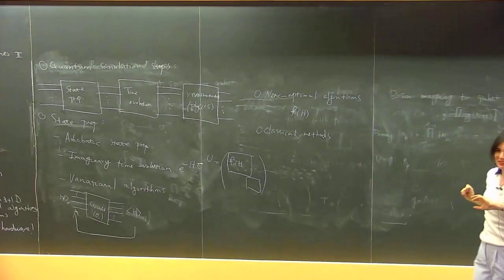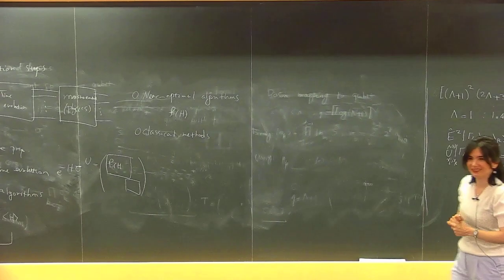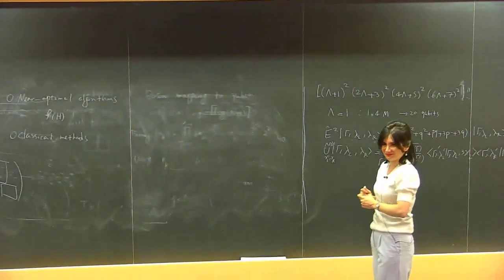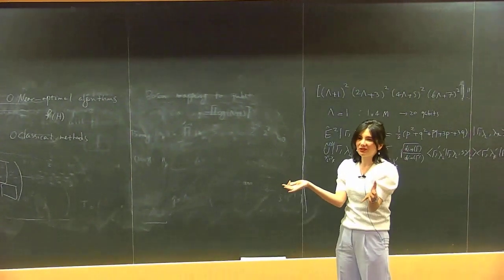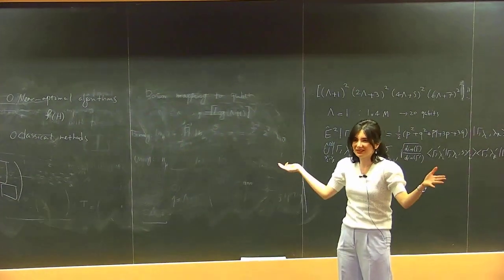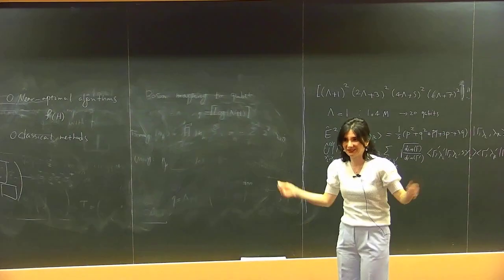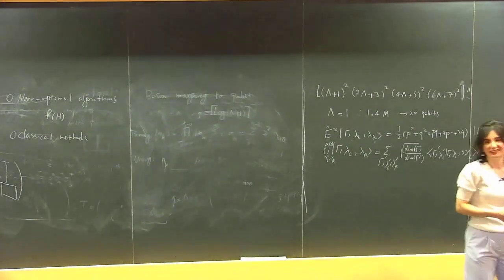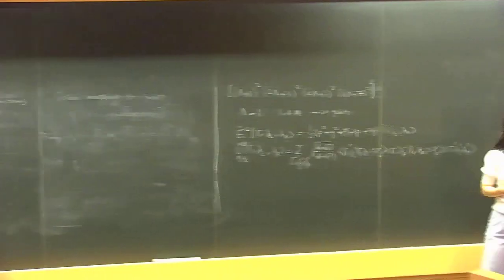I'll find a way to circuitize it. But what's that unitary that prepares this state? That's the question. Okay, so the state that you're trying to prepare is not defined as an explicit state. You just have a Hamiltonian. I don't know what the ground state of that Hamiltonian is, right? Yeah, exactly. Other questions?